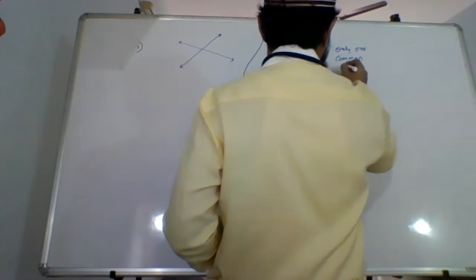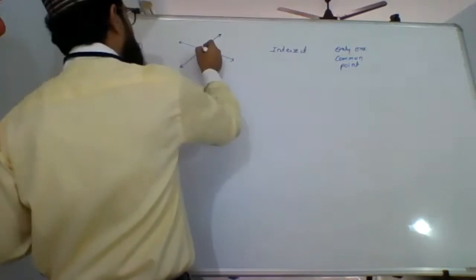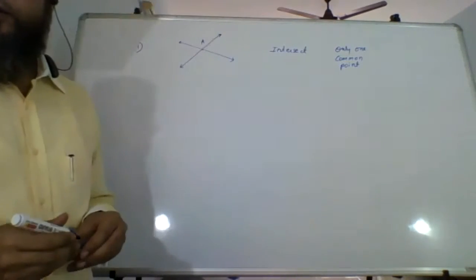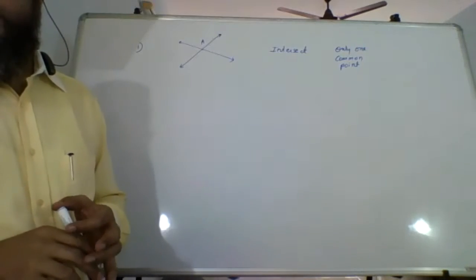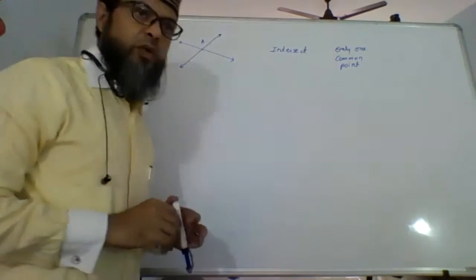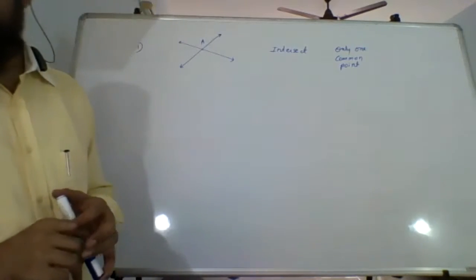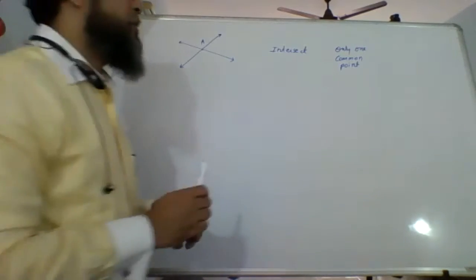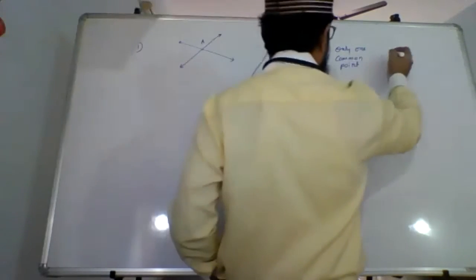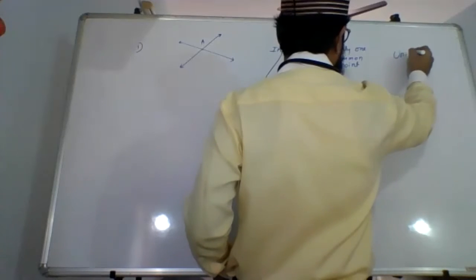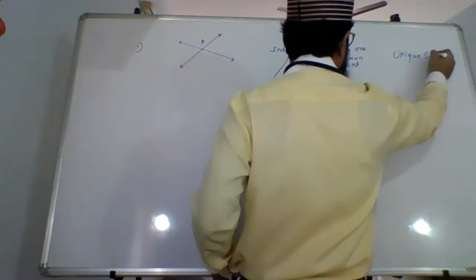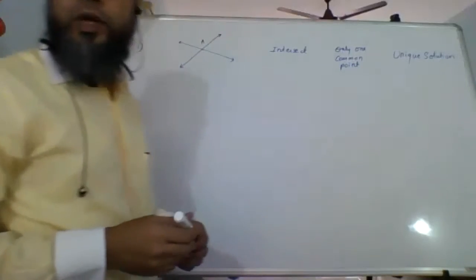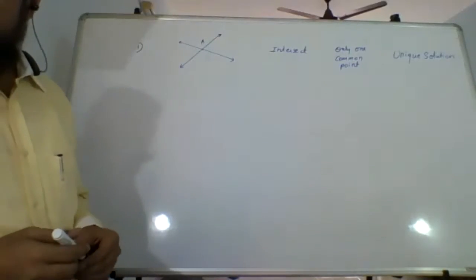That means only this point, let's call it A, will be lying on the first line, and point A will also be lying on the second line. That means whatever is the value of A will satisfy both the equations. So you'll have only one common point. That means you will have a unique solution.